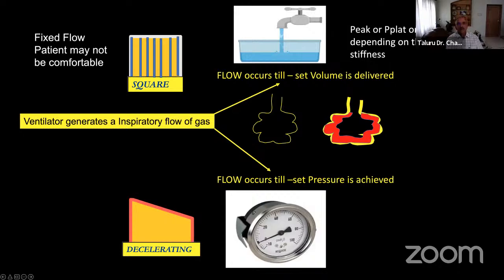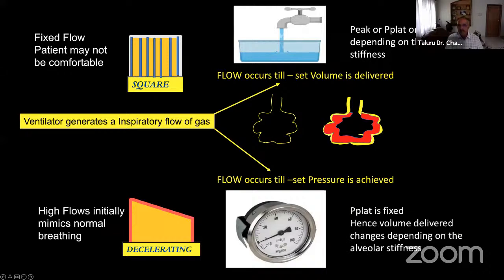See, this is what I said. It's a fixed flow. The patient may not be comfortable. The peak, plateau and driving pressures change depending upon the stiffness. The pressures we achieve for a set 400 ml between two alveoli will be different. This will be more, this will be less. But here in pressure mode, your P flat is fixed. I have fixed the pressure at 30 centimeters or 20 centimeters.